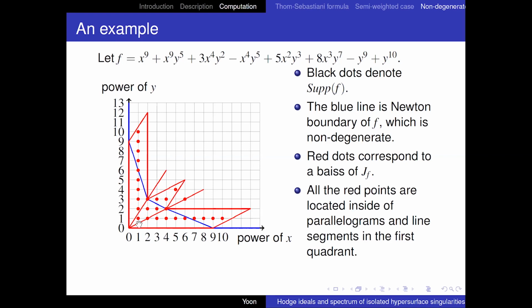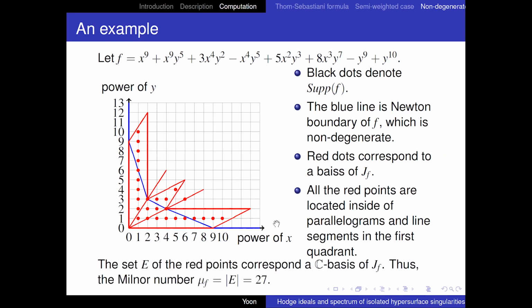If you see this line segment, it is doubled, corresponding to the zero-dimensional faces, inside of the first quadrant. So these are the basis of the Jacobian ideal. The middle number is the number of these points.